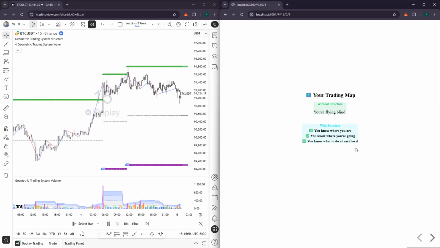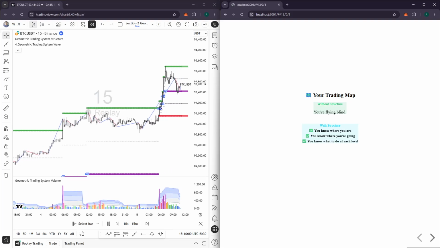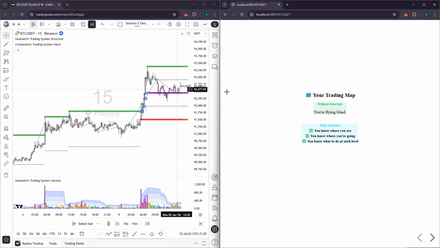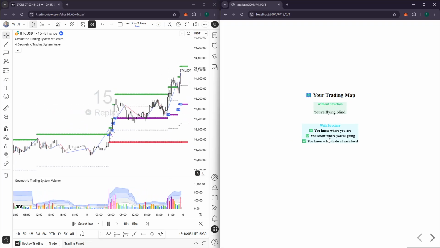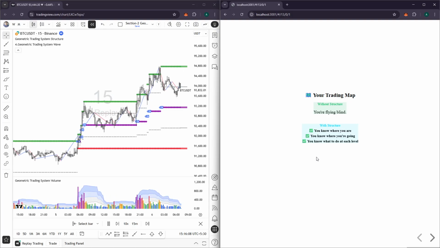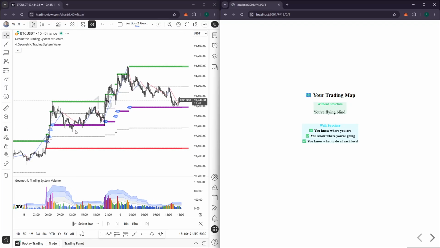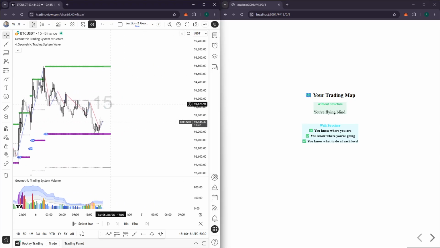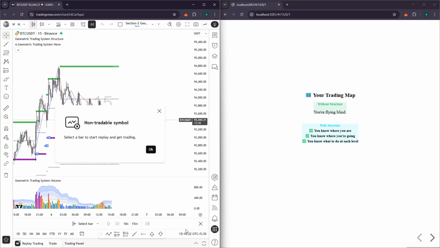Now with structure, you know where you are and you know where you're going. You see, we know where we're going: midpoint upside, midpoint upside. And you know what to do at each level. At the midpoint, if it's uptrending, we go long. Just for fun, I'll quickly add a position.